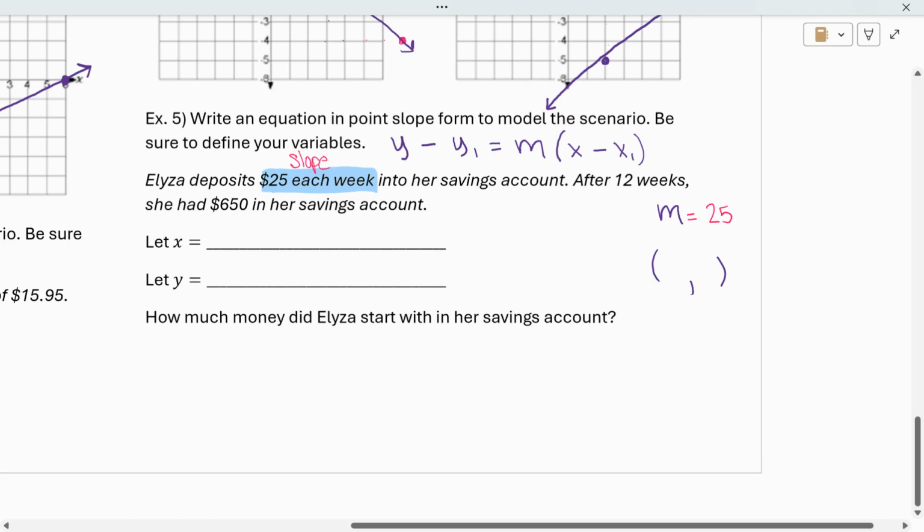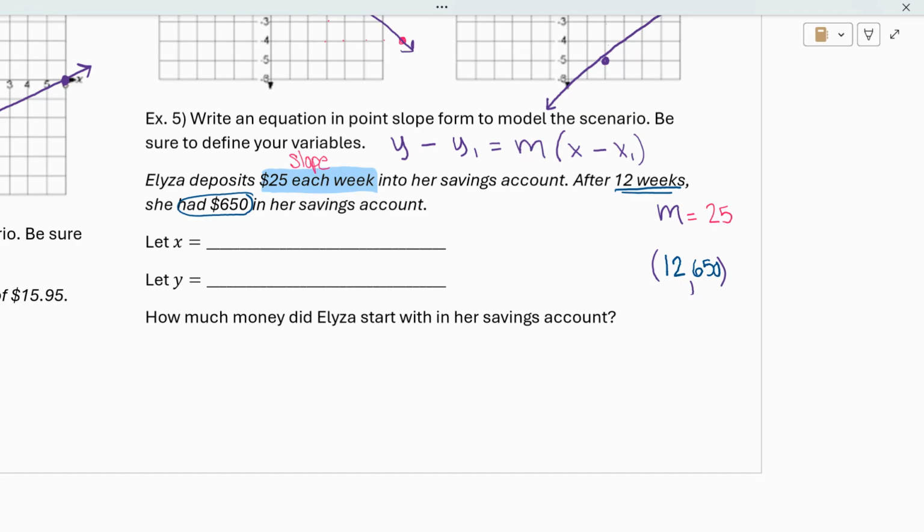Okay. It says after she deposits $25 each week into her savings account, after 12 weeks, she had $650. So I have number of weeks, total amount of money. That's my ordered pair. Number of weeks, 12, total amount of money, $650.